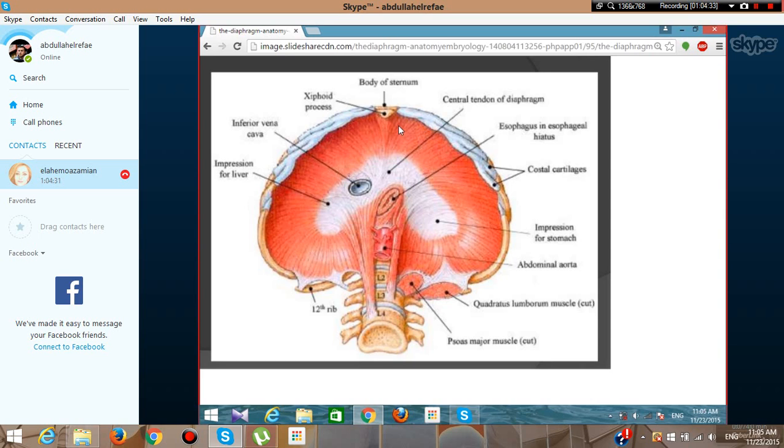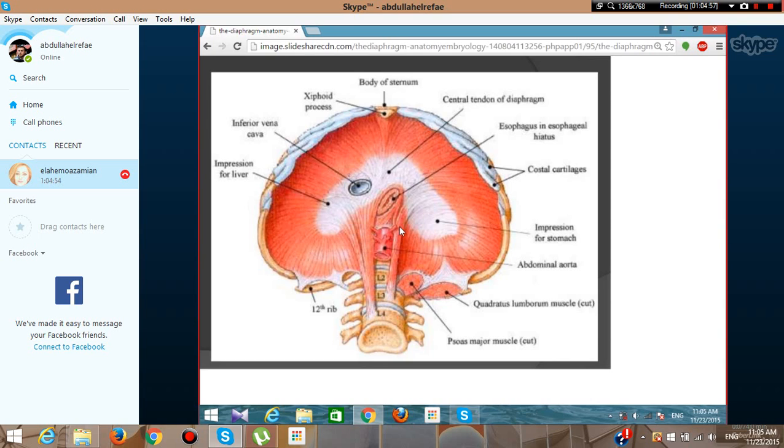Where does it come from? Sternum from the posterior side, from the internal surface of the xiphoid process. From ribs, it's from the inside of the costal cartilages. And look at the part from the vertebrae. It's different on the right than the left side.